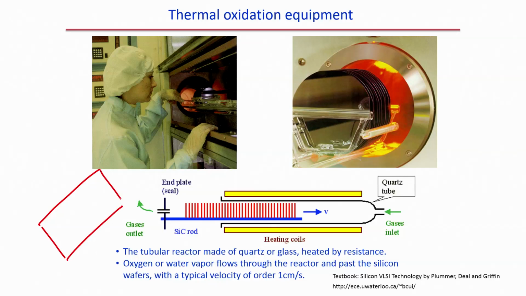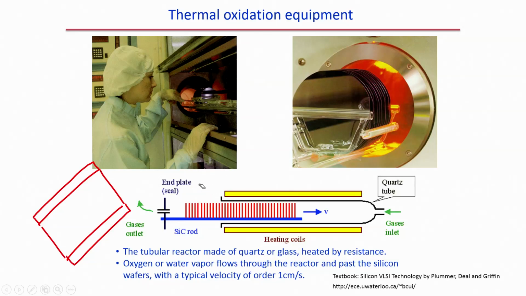The oxide will grow on both sides because the gases react with both surfaces of the silicon wafer, forming oxide on both sides.